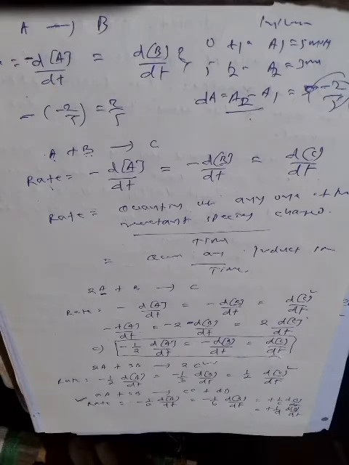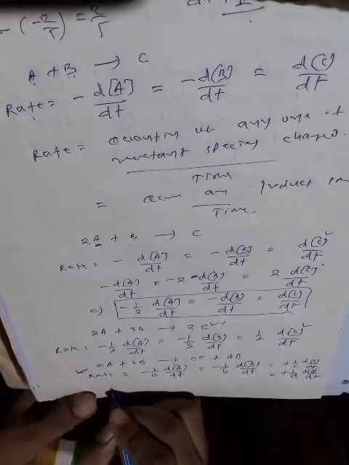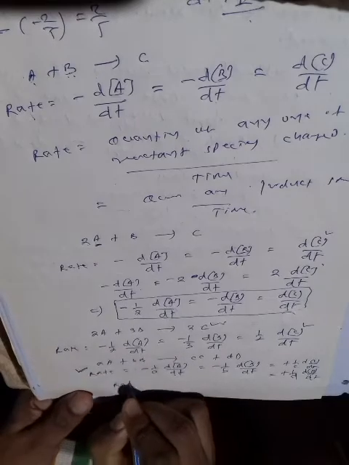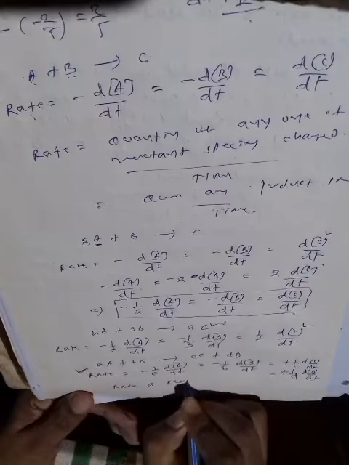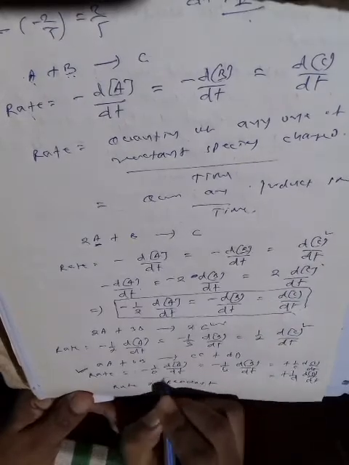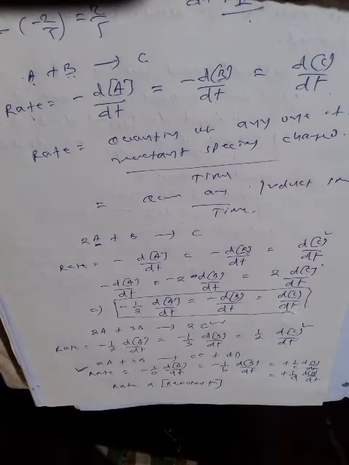Then we will move towards the types of rate. Actually, the rate of a reaction is not uniform, because from the law of mass action, the rate of a reaction is directly proportional to the molar concentration of reactant. It depends upon the reactant, not on the product.